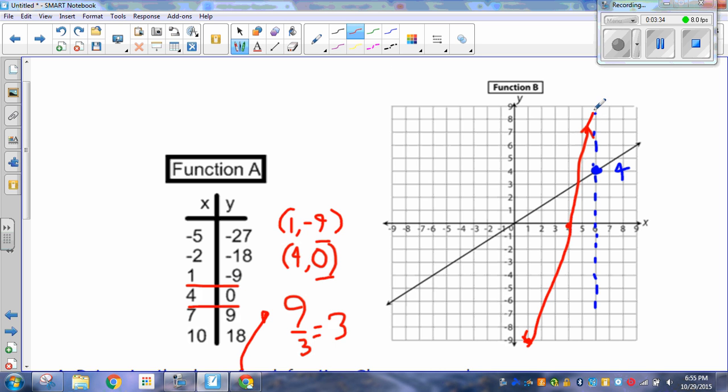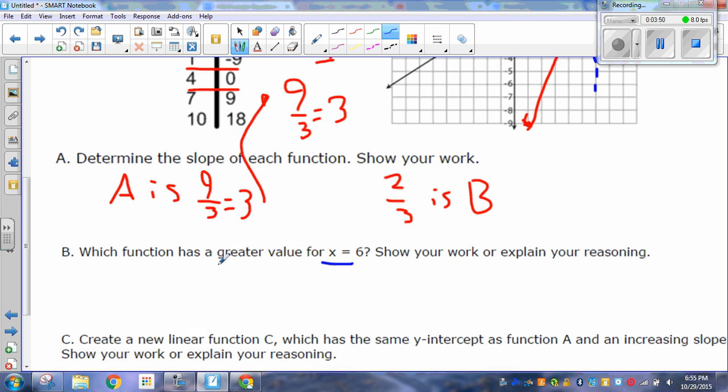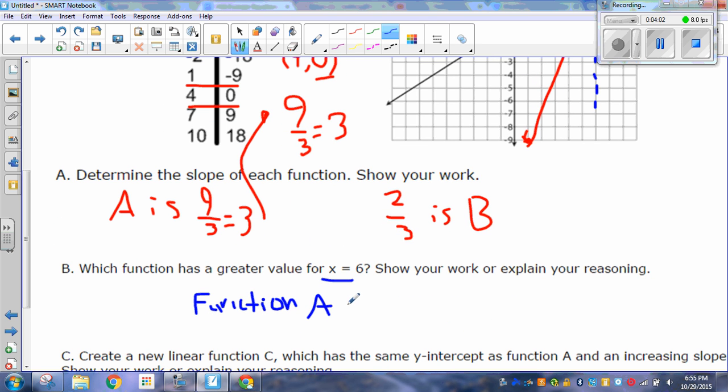So if I look here, my other function, if I keep going, it ends up way up here, which I don't need to know what it is. It's off my graph. It doesn't matter. But I know that that's higher on my graph than this. It's physically higher. The y is going to be bigger. And so I can tell that function A is greater.